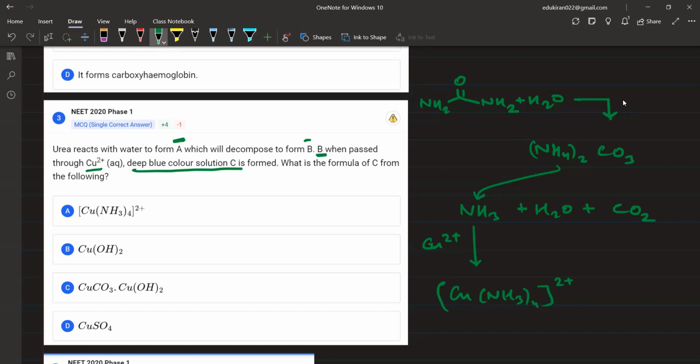So basically, they were asking you what is the B compound here. जो भी B compound होगा, that will be getting attached with Cu2 positive and it will be forming a copper complex with 4 ammonia atoms. Okay, so this is option number A. ये याद रखिएगा जरा आप लोग, that when you have copper 2 plus, it has deep blue color.